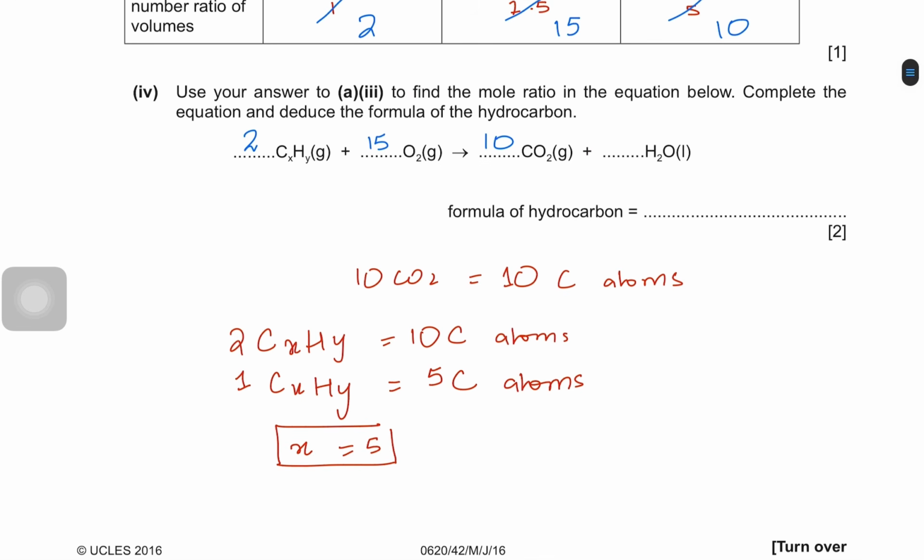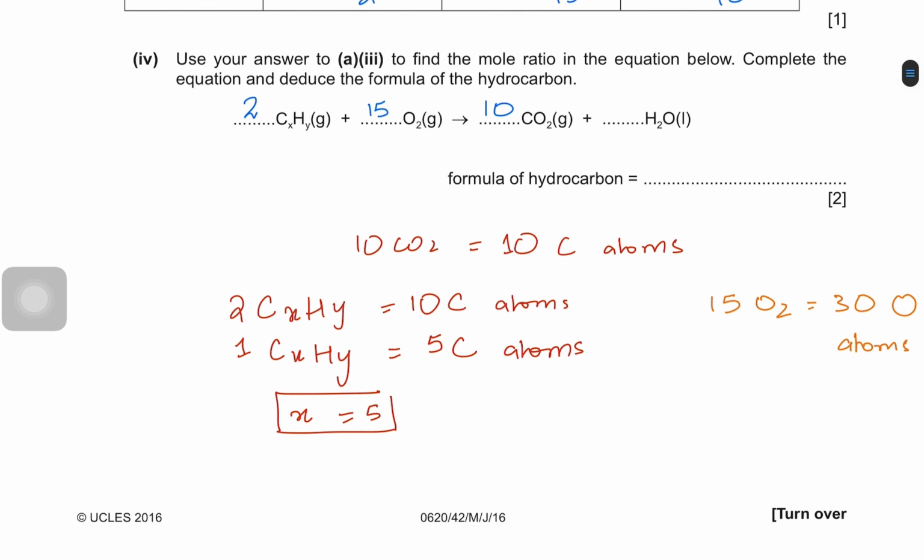Now moving on, how much water is there? How many hydrogens were there? Notice one thing: 15 oxygens were used, which means 30 oxygen atoms. Out of these 30, 20 went to the carbon dioxide, because 10 carbon dioxide involves 20 atoms of oxygen.